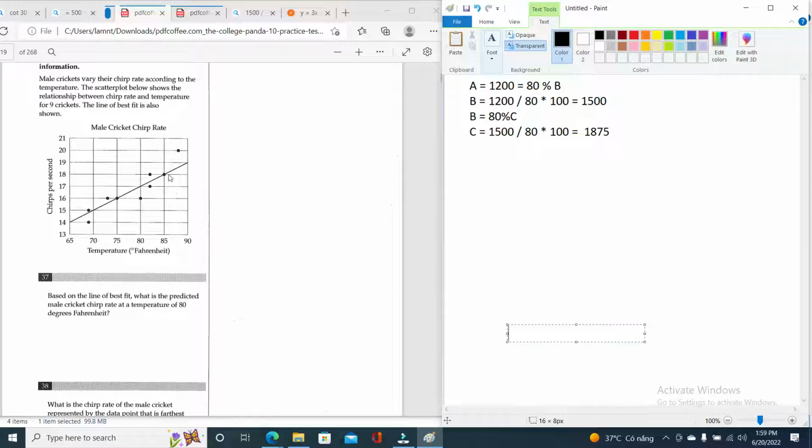With 87 Fahrenheit, the chirp rate is 20 per second, and at 82 Fahrenheit, 17 chirps per second. All right, so number 37. Based on the line of best fit, what is the predicted male cricket chirp rate at the temperature of 80 degrees Fahrenheit?